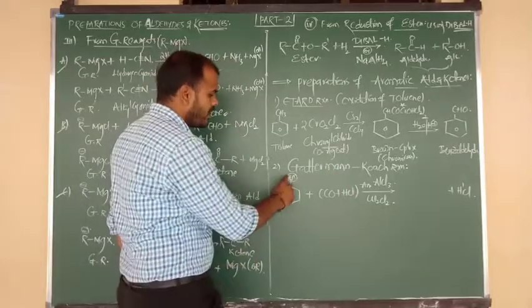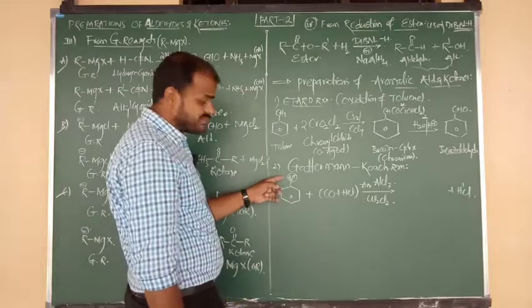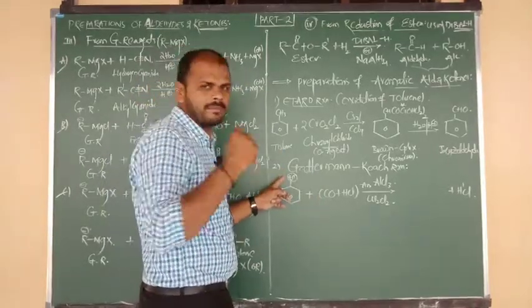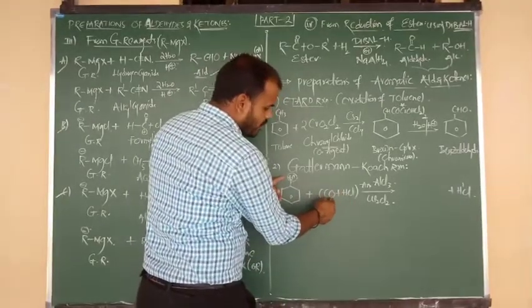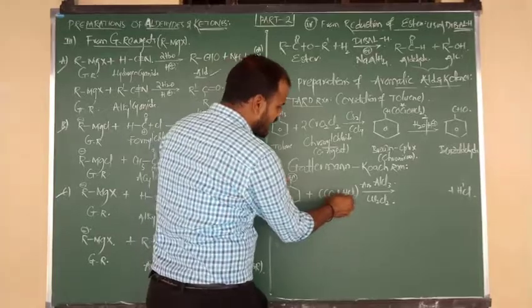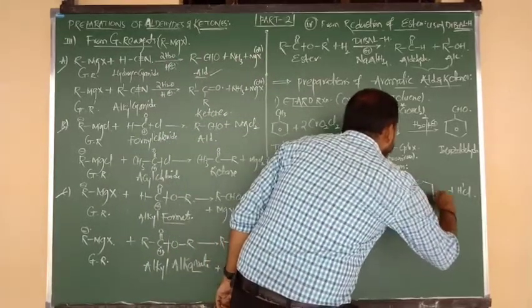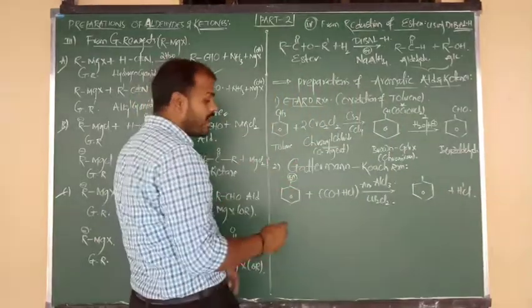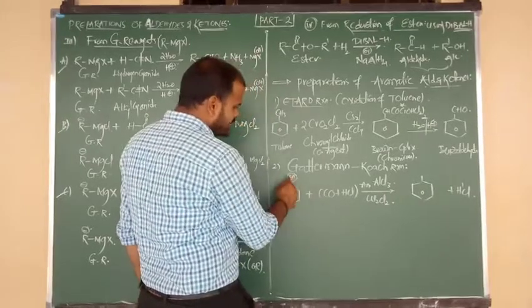Now listen carefully. After removal of H prime, this place was vacant. Now such a vacant place undergoes formylation, nothing but attacking of the formyl group, HCO, and also we can say CHO, directly the formyl group attacks benzene. So what remains is benzene, which undergoes formylation, attacking of the CHO group.